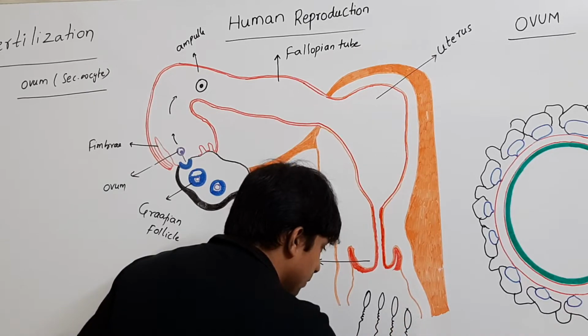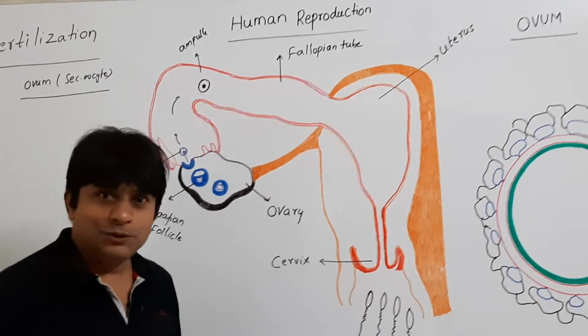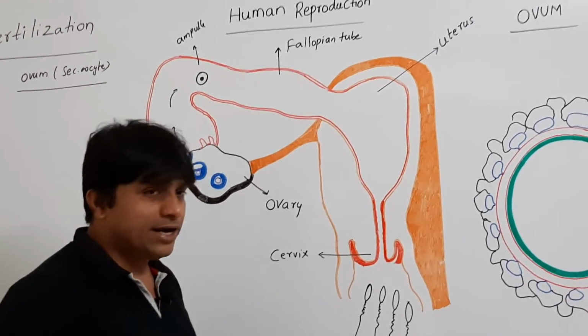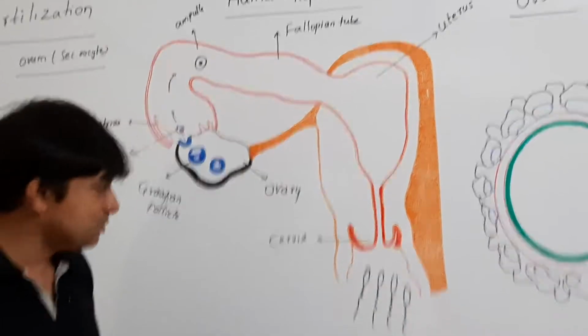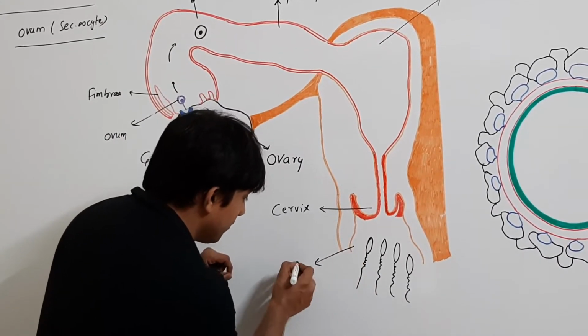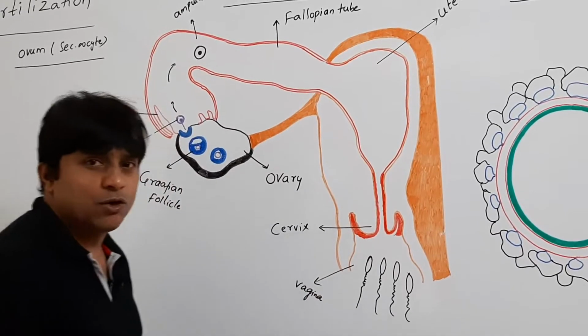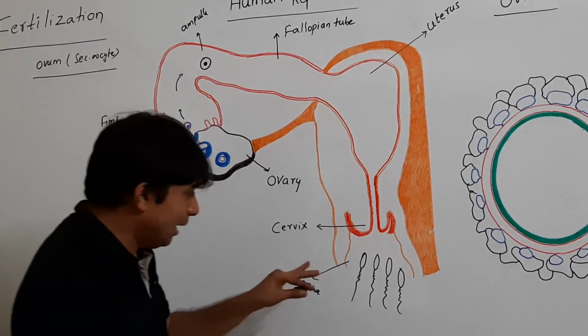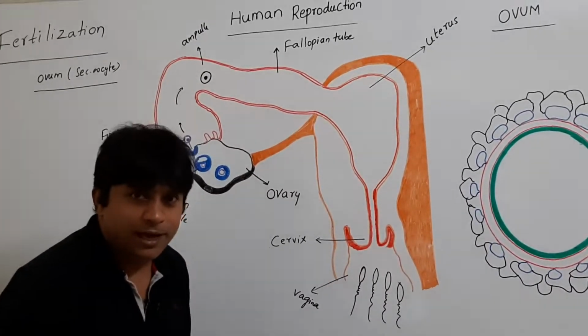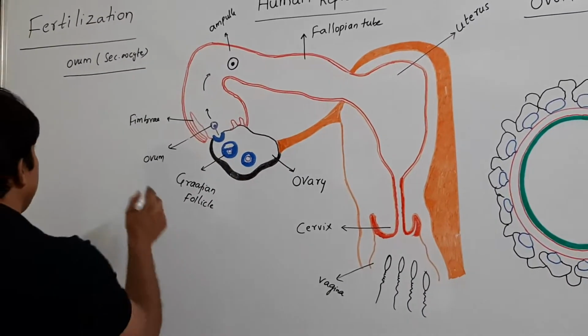There are around 200 to 300 million sperms released into the vagina of the female during copulation, right? Fine. Now once the sperms are released, along with the sperm there is semen. Semen is released. Now let's talk a little bit about the semen.